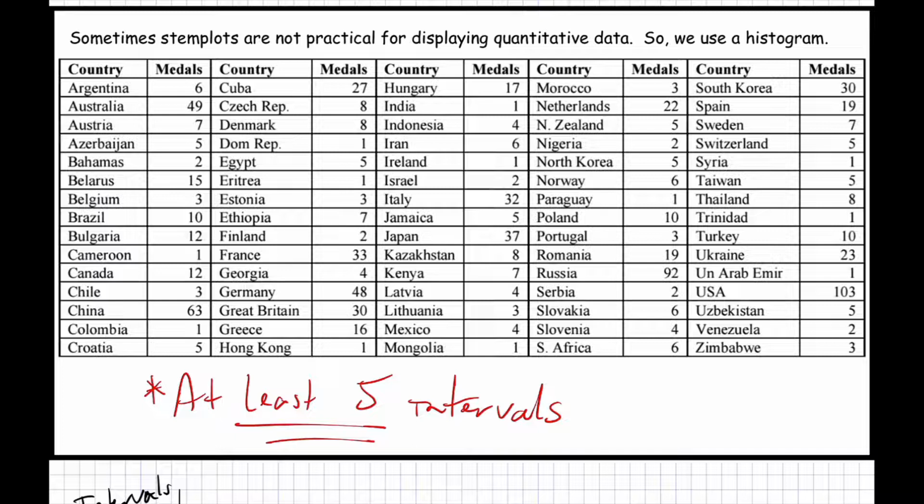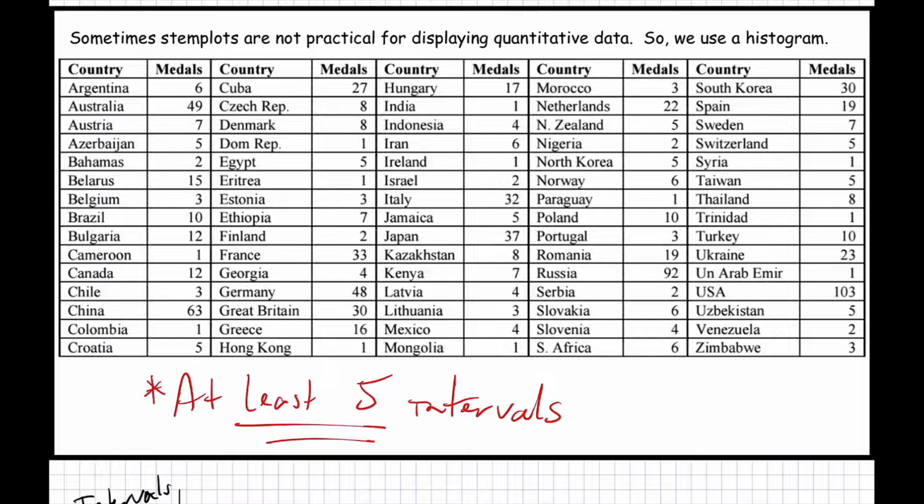If I'm going from 1 to 103, how can I chunk that up so that it's even? The intervals have to be even, and I have to have at least 5. Let's try 20s. You can start from 1 to 20, or from 0 to 20. It doesn't matter.